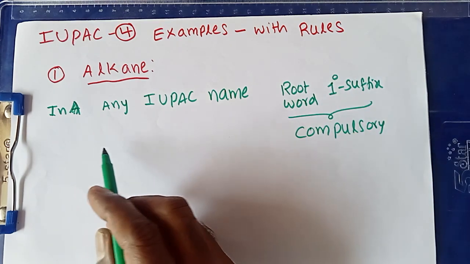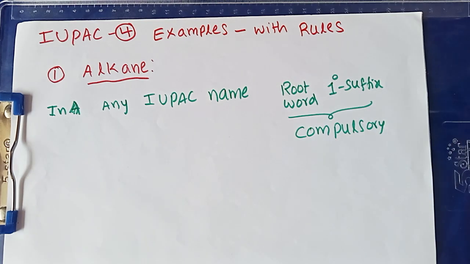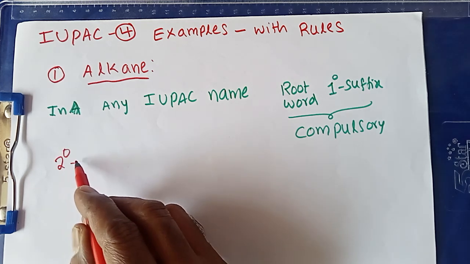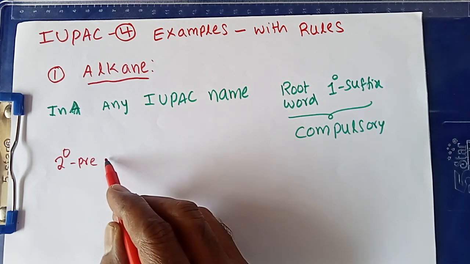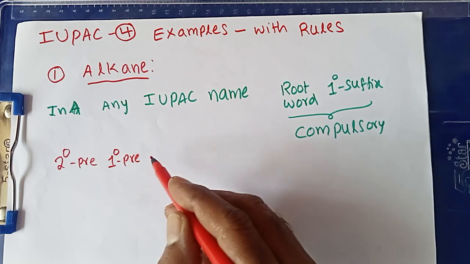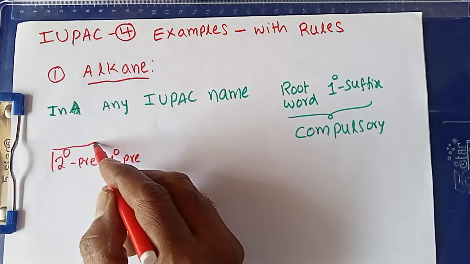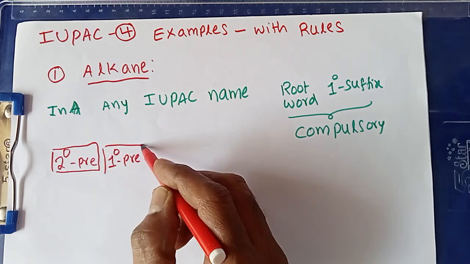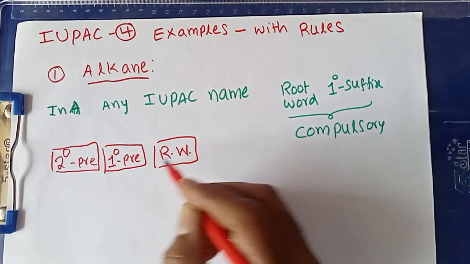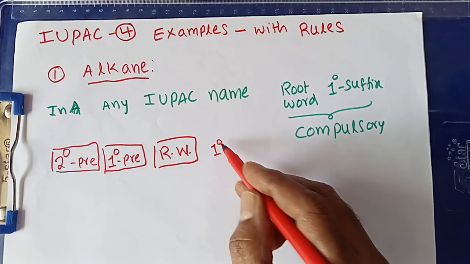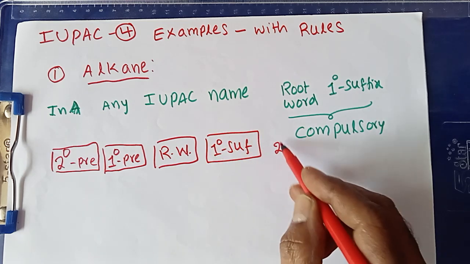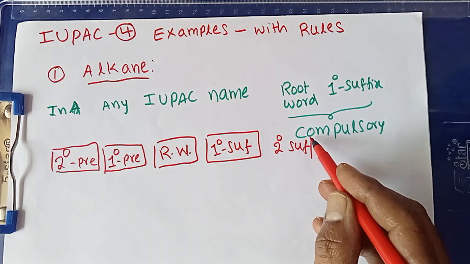Then in the IUPAC first class I will give the building order, the different terms used in IUPAC. That is the first one, secondary prefix, next primary prefix, then root word, next primary suffix, next secondary suffix.